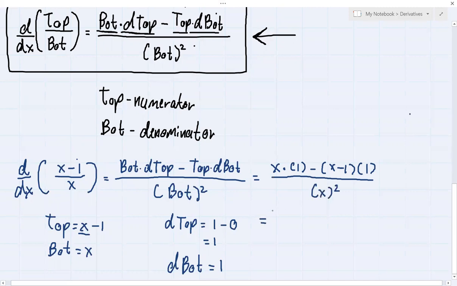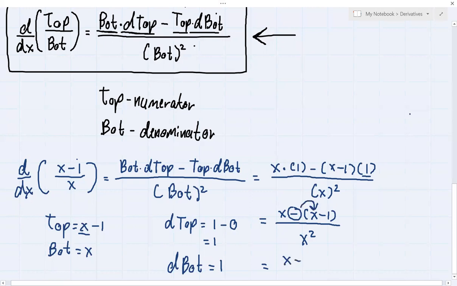Now, let's simplify. x times 1 is x. Then 1 times x minus 1 is still x minus 1. It's still the same, all over the square of x, which is x squared. Now, since x minus 1 is in parentheses and has a negative sign, we will distribute the negative sign to this expression.